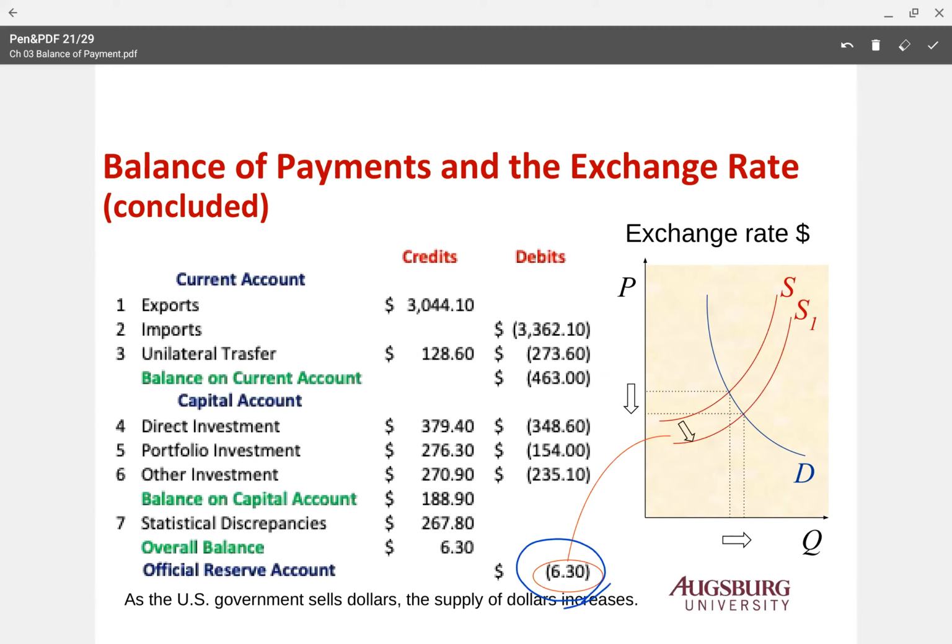These create another supply because this is negative. So increased supply, so the exchange rate actually drops a little bit, right? So this will be the new supply curve with the official reserve account. And finally, this point is the exchange rate, the forex rate.